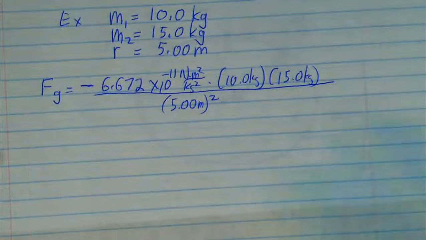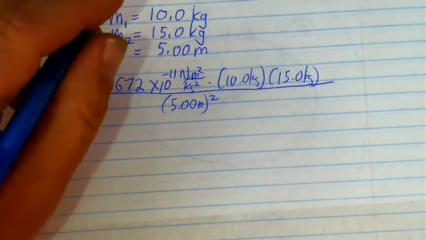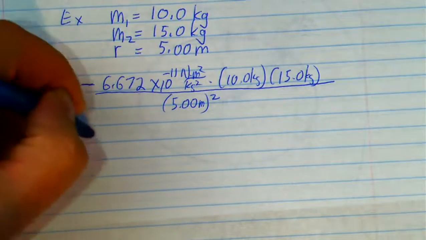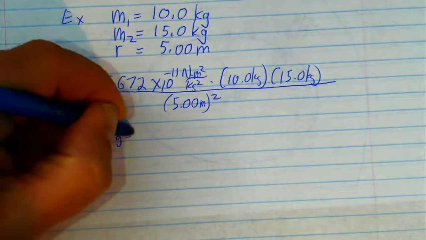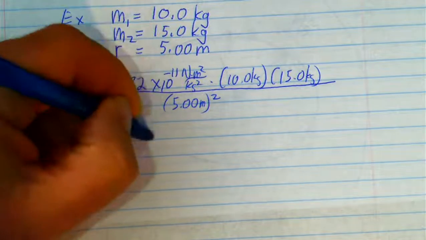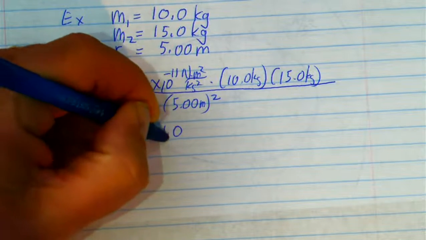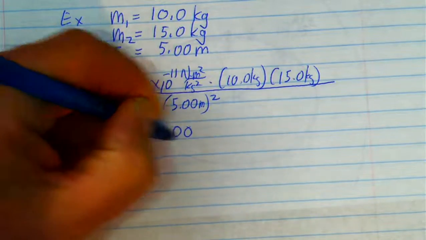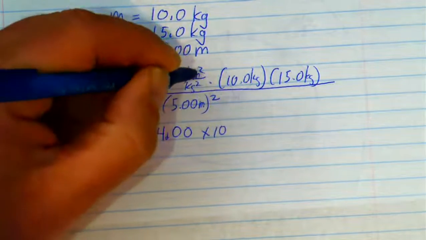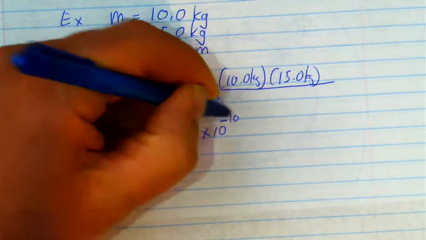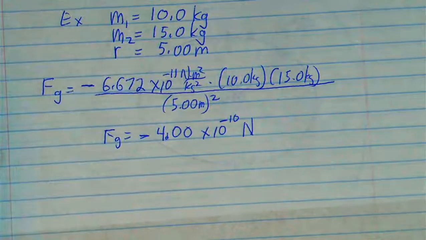Calculate, please. All right, so the students calculated that this is an attractive force of negative 4.00 times 10 to the negative 10th power newtons.